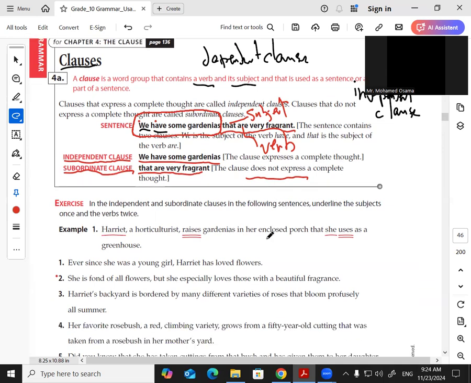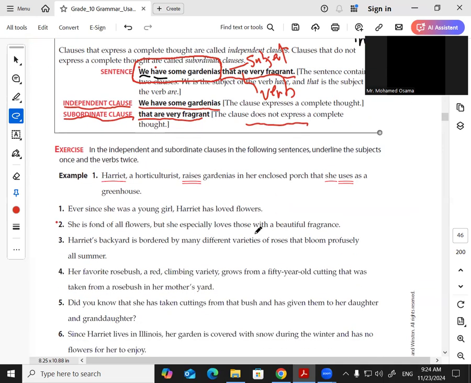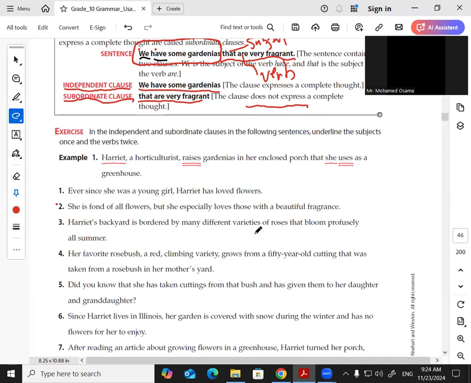So if we move forward to do some exercises here, in this exercise we are going to underline the subjects once and the verbs twice. We're going to read every sentence and then underline the subjects once and the verbs twice.